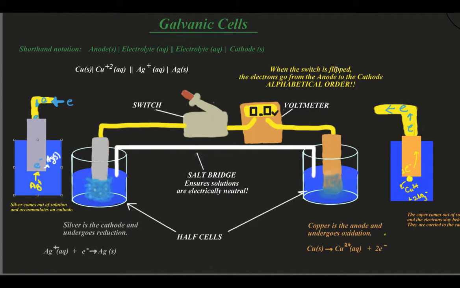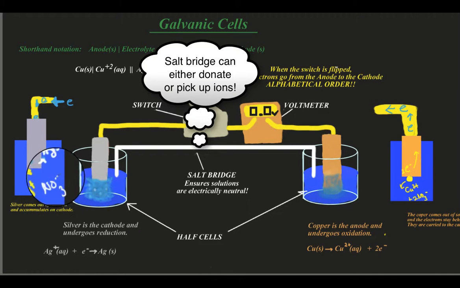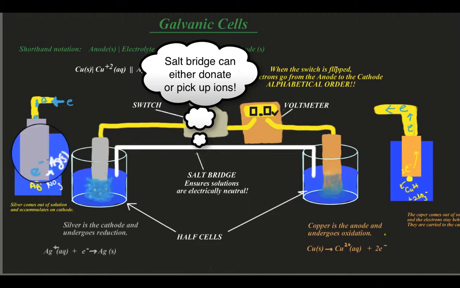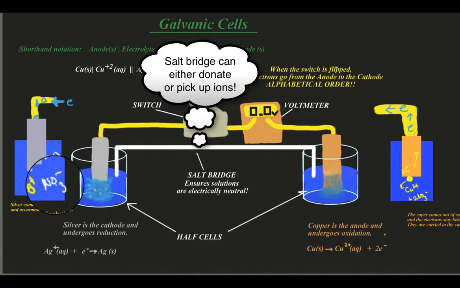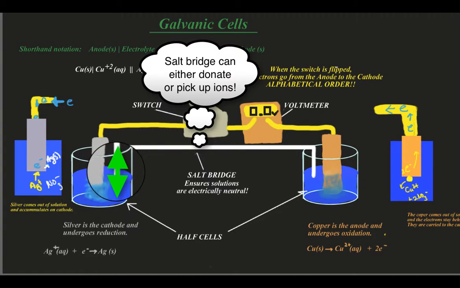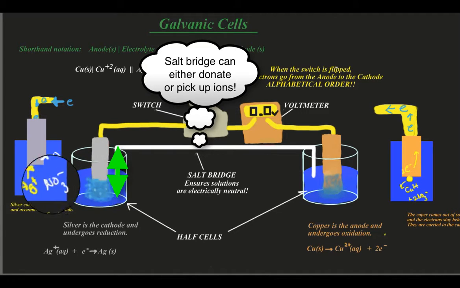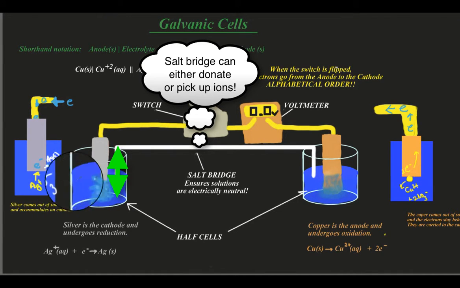So let's go ahead and write that in. There's a nitrate left behind when that silver goes and sticks to the cathode. The salt bridge can either pull that nitrate back in or dump in a cation to neutralize that newly formed nitrate anion.